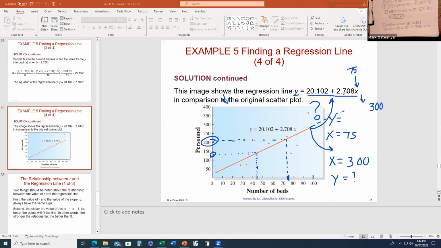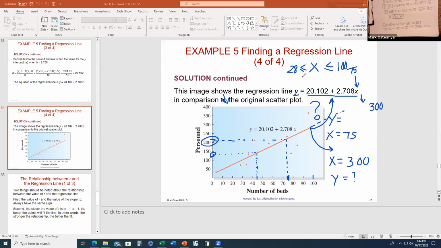You only want to make predictions for the values of X that you collected in your ordered pair data. So you only want to make predictions for values of X that are between 100 and, what was it, 25 or 28? I think it was 28. Okay.